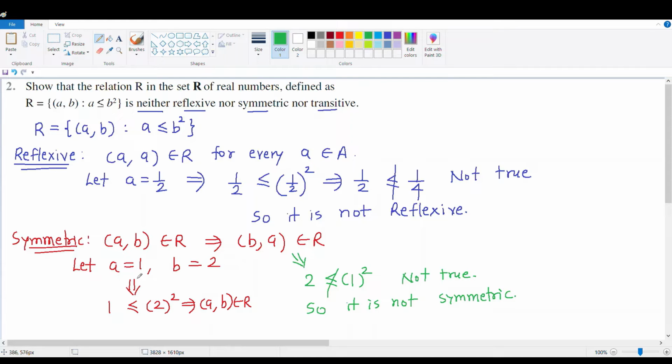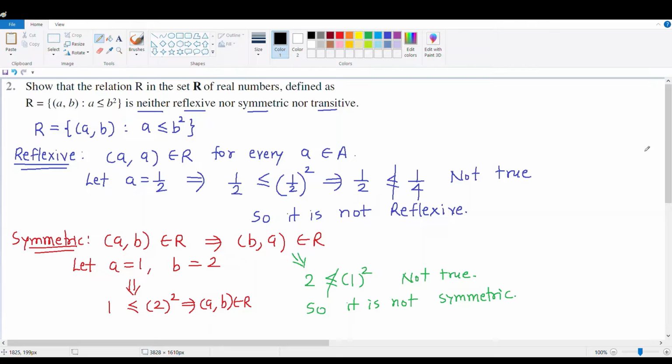Why? Because we took a equals 1, b equals 2 and then checked that (1, 2) belongs to R. Yeah, (1, 2) belongs to R. And then we need to check for the converse of it, the other way around. So (2, 1) means 2 must be less than or equal to 1 square, and it's not. It is bigger than that. So it is not true, so it is not symmetric.